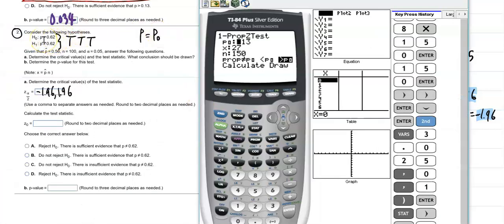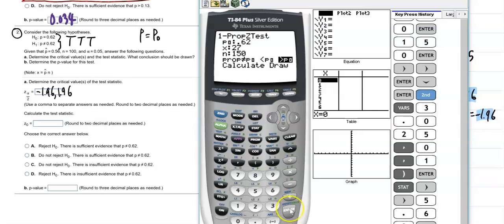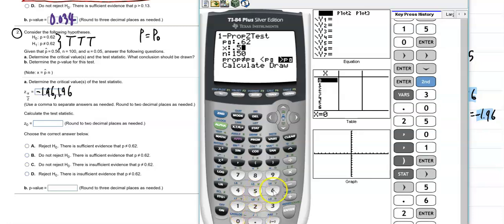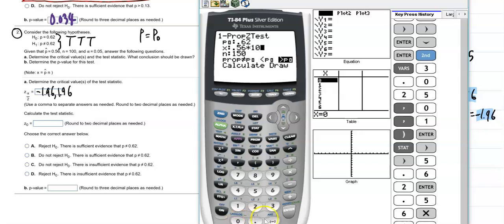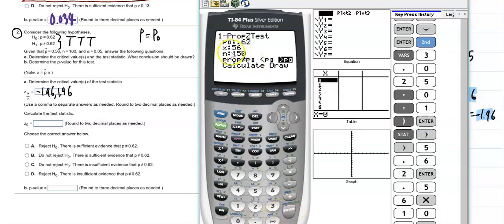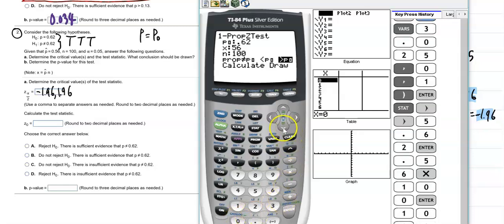This gives me p0 equals 0.62, and then x is not given directly because there's a formula to find x: p hat times n. The p hat is 0.56 times the n here, which is 100. Enter, and you get 56. n equals 100.